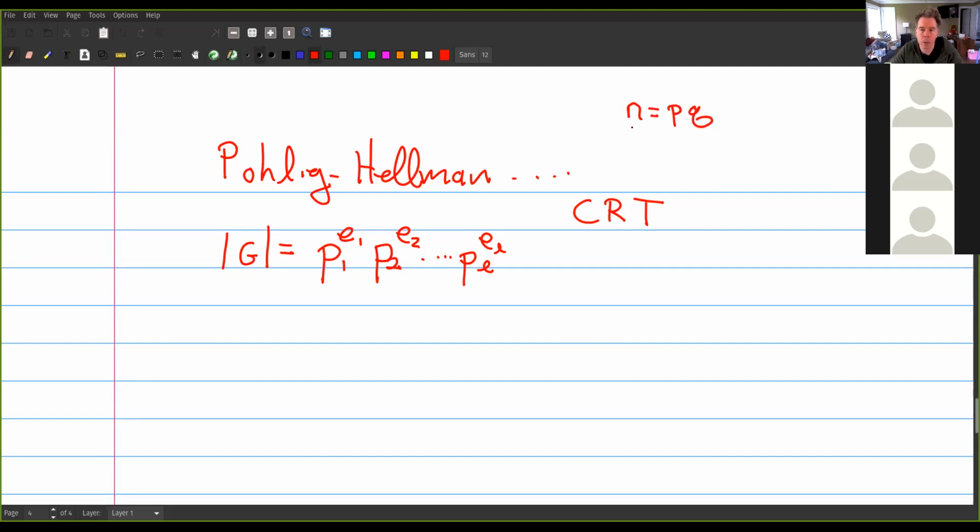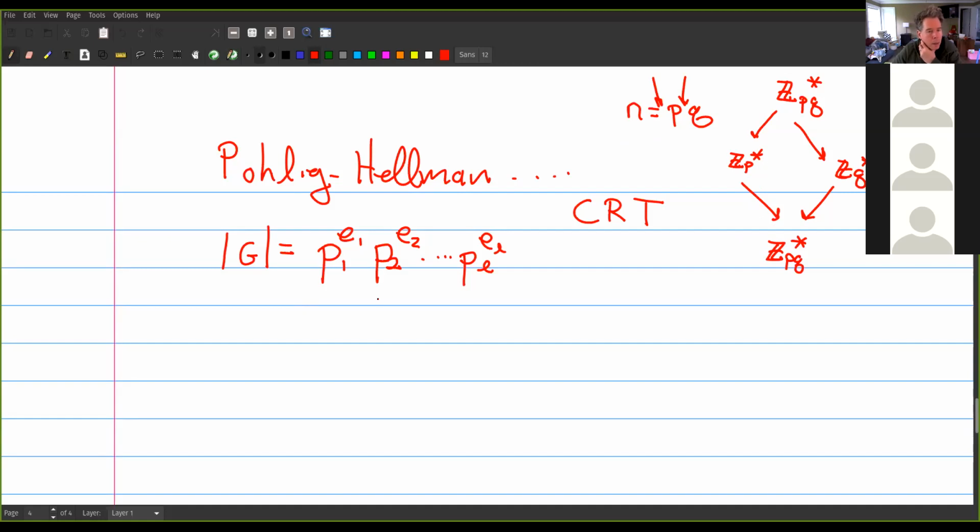Rather than working in the big space ZPQ star, we were able to solve the problem in ZP star, then solve the problem in ZQ star, and then combine them to get the answer back in the big group ZPQ star. That is with 2 primes, p and q, but the Chinese remainder theorem is much more general, and it can handle any factorization.